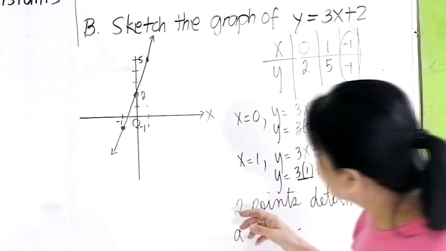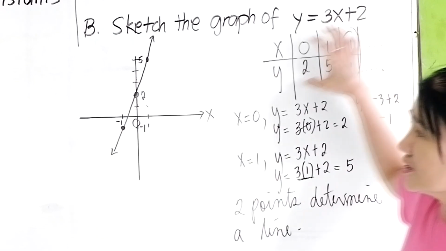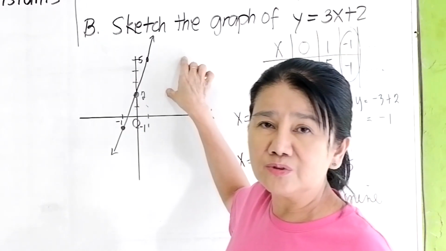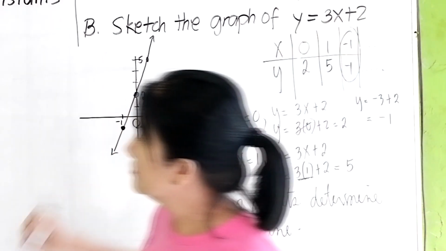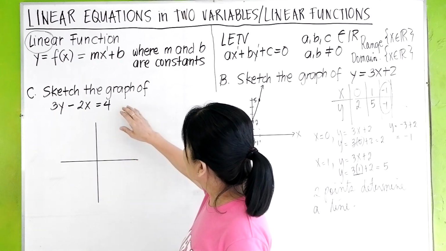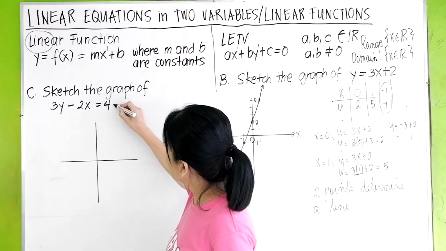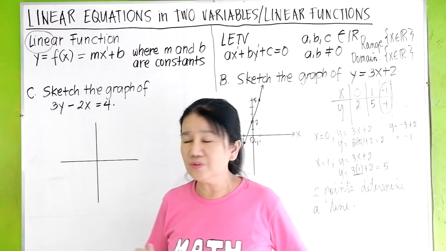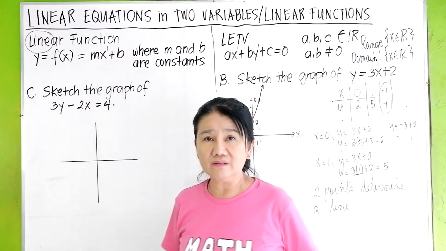But always remember that 2 ordered pairs are enough for you to draw the sketch of the line or the graph of the line. Now, another method which is easier is for you to use the X-intercepts and the Y-intercept.